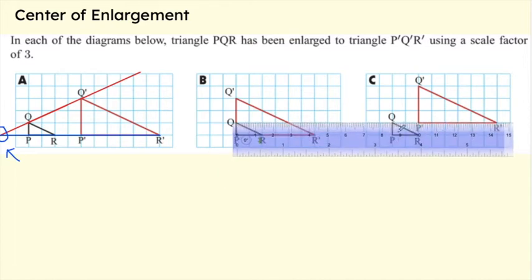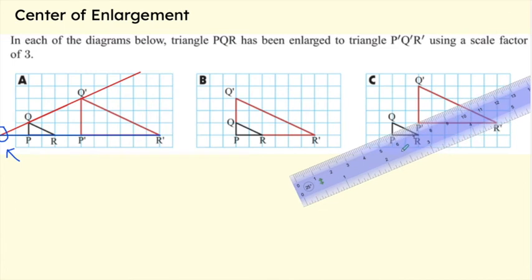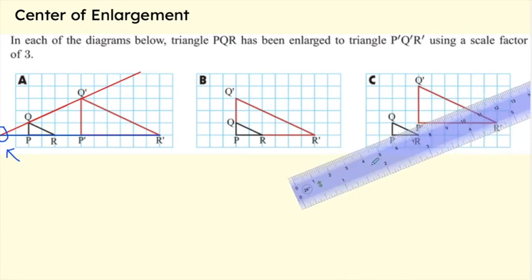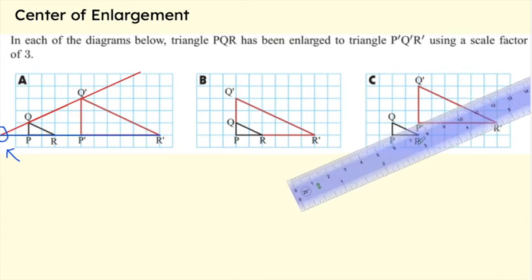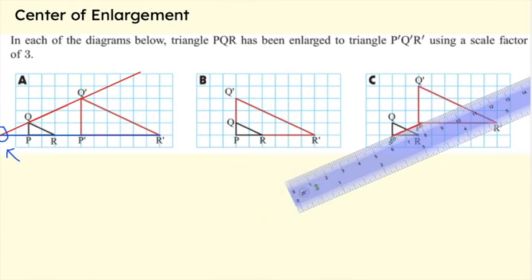So we line up our straight edge. Let's do P first. Okay, line it up. Okay, I'll do the same colors as I did before. Red for P. Okay, you can continue it both ways.